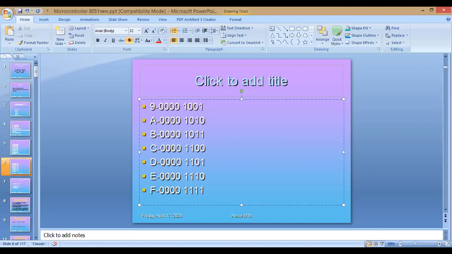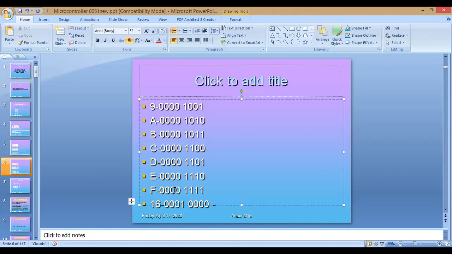This 16 will be represented as 0001 0000, so the lower nibble is 0 and the upper nibble is 1.